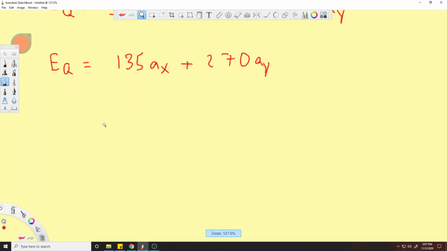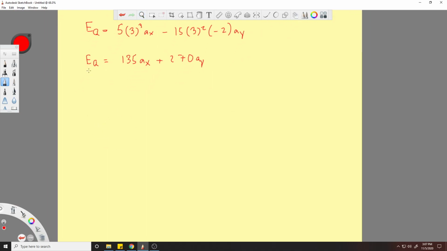So now, remember, we're trying to find the unit vector. And the unit vector is just the vector that we're curious about over its magnitude. So we have the vector right there, right? We just need the magnitude.